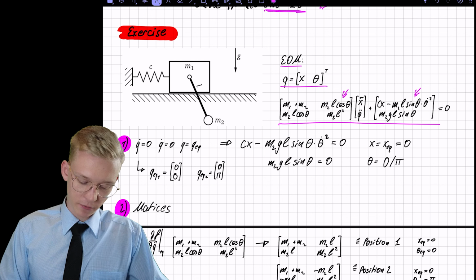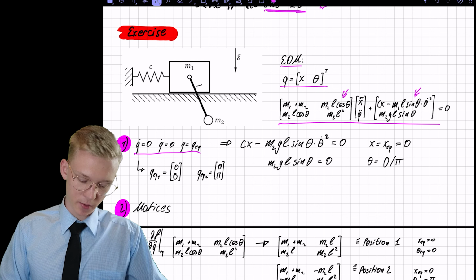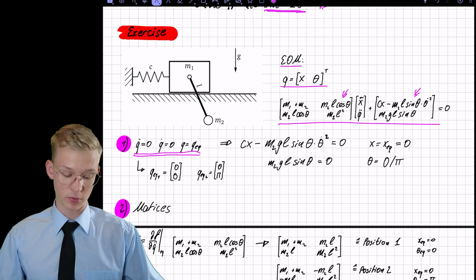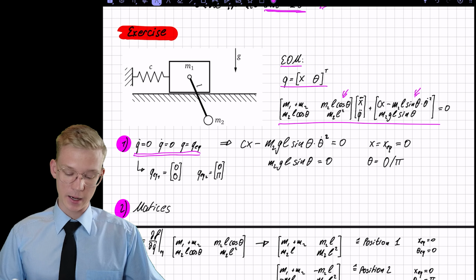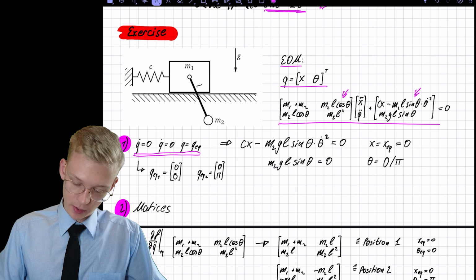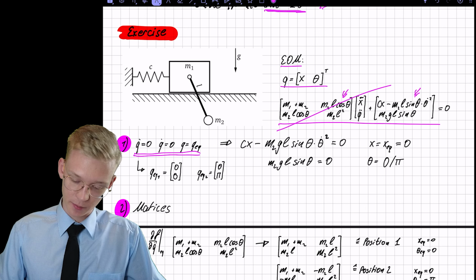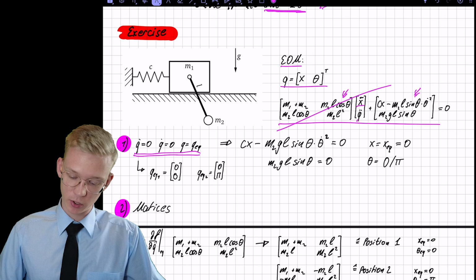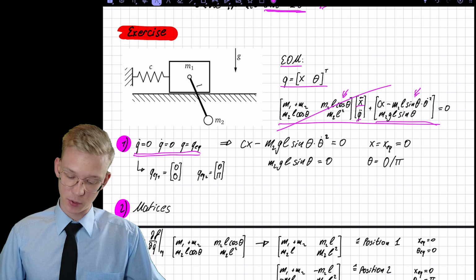So the first step is to find an equilibrium position with the rule that we had before. We said Q double dot to zero, Q dot to zero, and what is left is our Q equilibrium. So we remove this whole part because we have x double dot and theta double dot, and we're only left with this part.